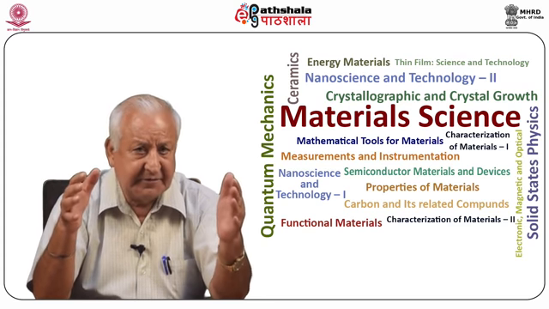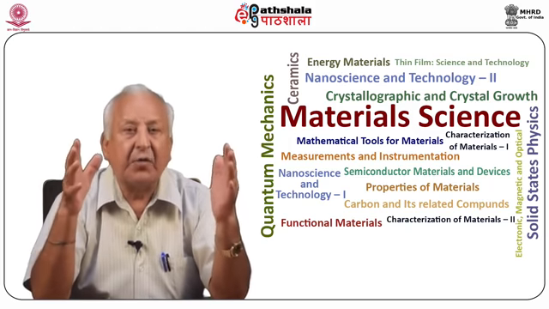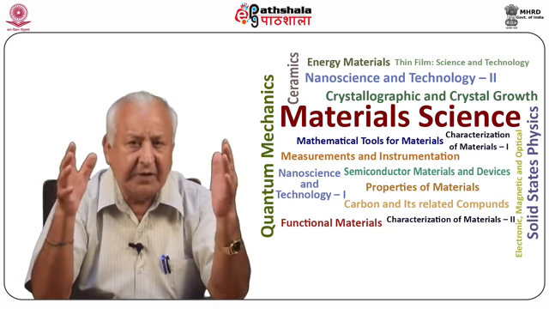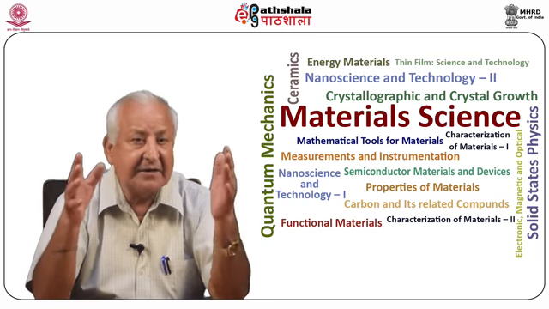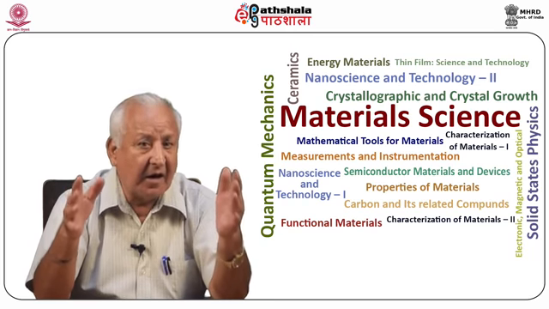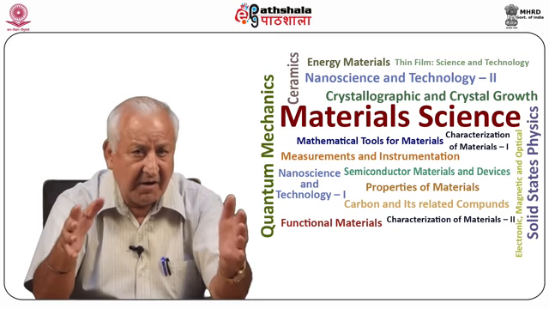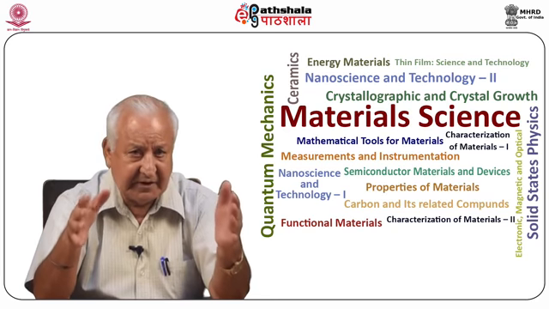Congruency is achieved on rotation about an axis through an angle of 180 degrees, 120 degrees, 90 degrees, and 60 degrees, and these are designated as dyad, triad, tetrad, and hexad, respectively.